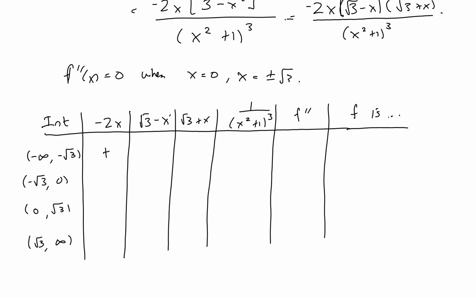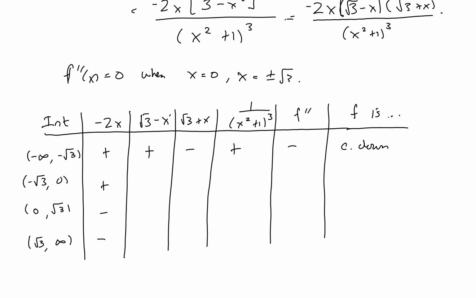If we fill this in, the factors will be positive, positive, negative, negative. If I have something less than negative root 3, this will be negative, and this will be positive, because negative, negative, this will be negative. So this is negative, and this is concave down.